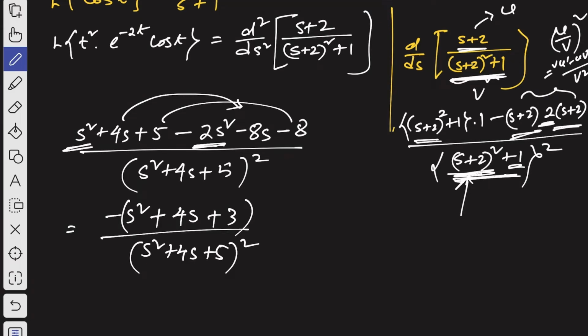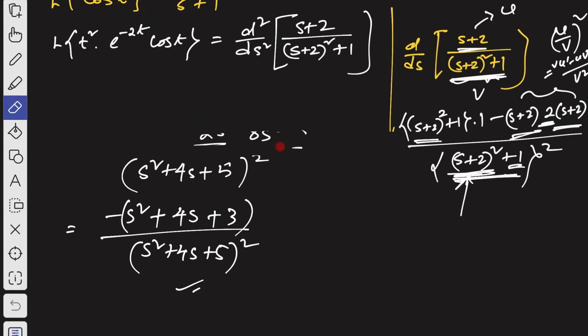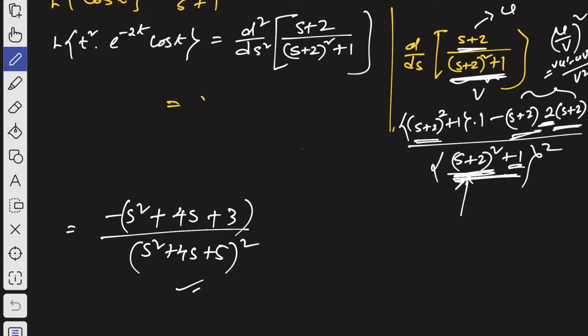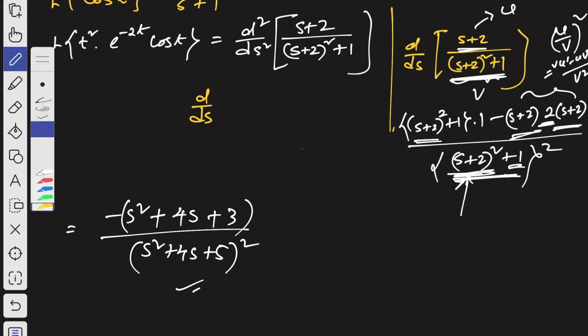So after differentiating once, we get this, right? Let us write it now. What we have got now is the first order derivative left only. Let me write the minus sign outside the derivative.